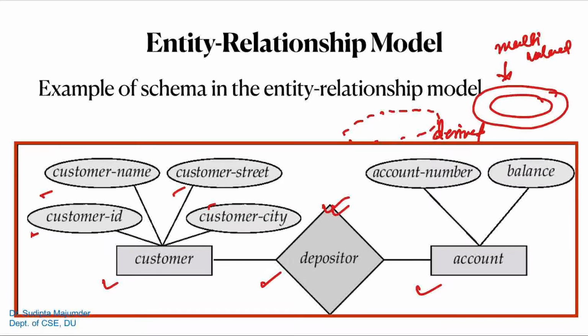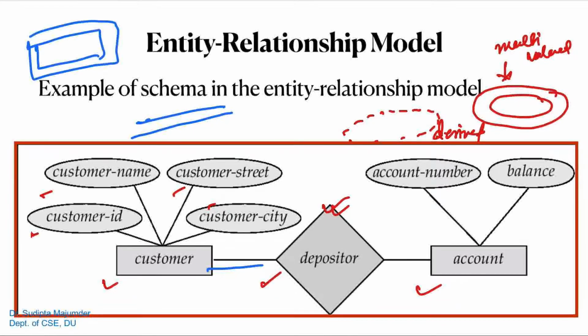Then we can have a double line also, like this one. It represents when there is a total participation of an entity in a relationship set. And also we can have a double rectangle, for example this one. This rectangle is used when there is a weak entity set.